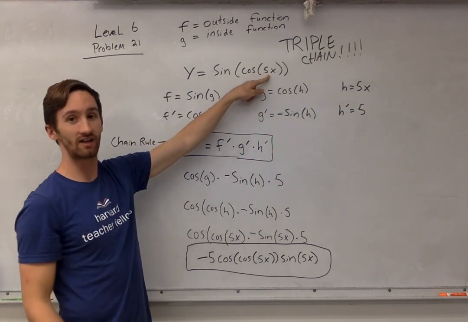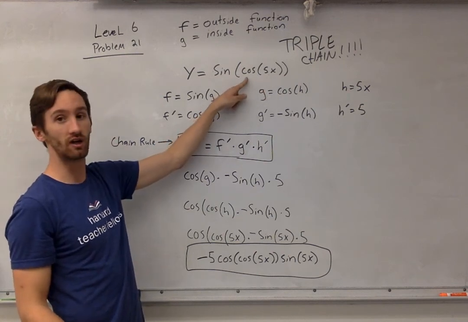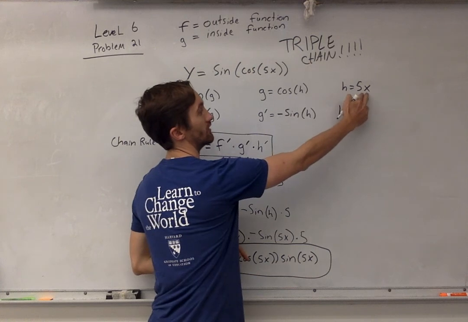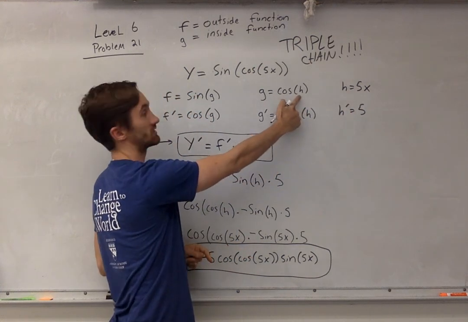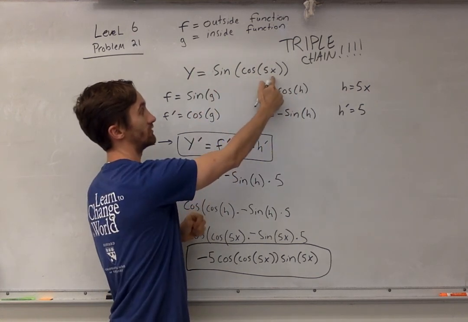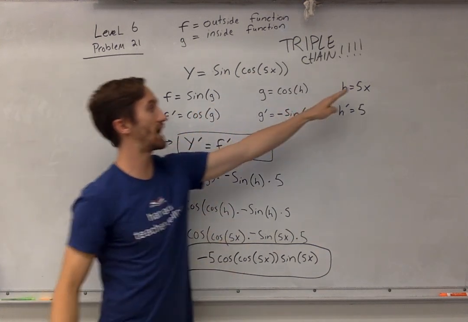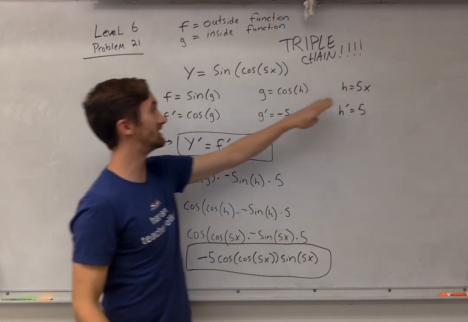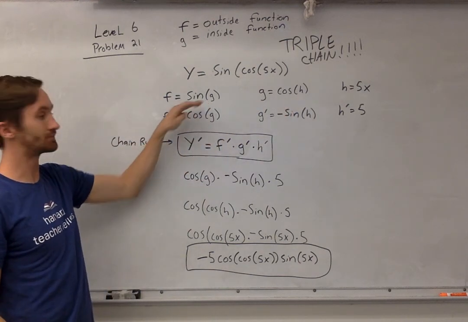Because 5x is the inside function, it's inside of cosine. So I've got 5x equals h, and h is inside of cosine. And then that whole thing, cosine of 5x, is inside of sine. So as I work backwards, this is inside of this, is inside of this.